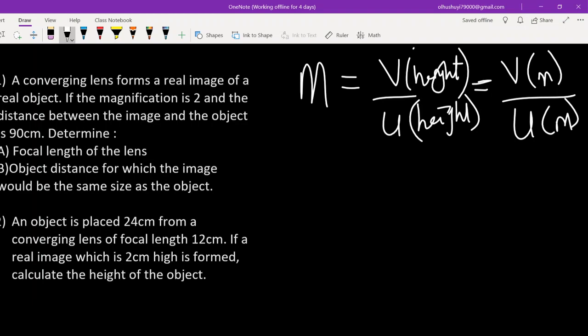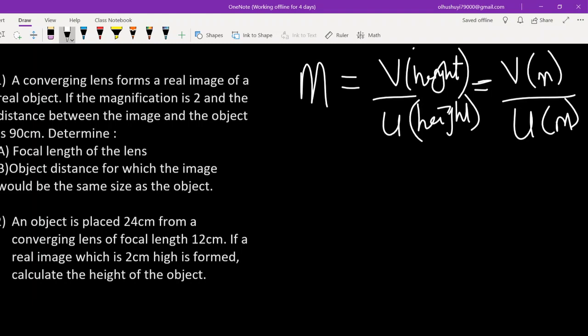So this is the relation you use for magnification if you're solving anything that has to do with the magnification of any object or lens, and you have to deal with the distance of objects from the lens. V is denoted by the image and U by the object, and that is also equal to the image distance from the lens and the object distance from the lens.